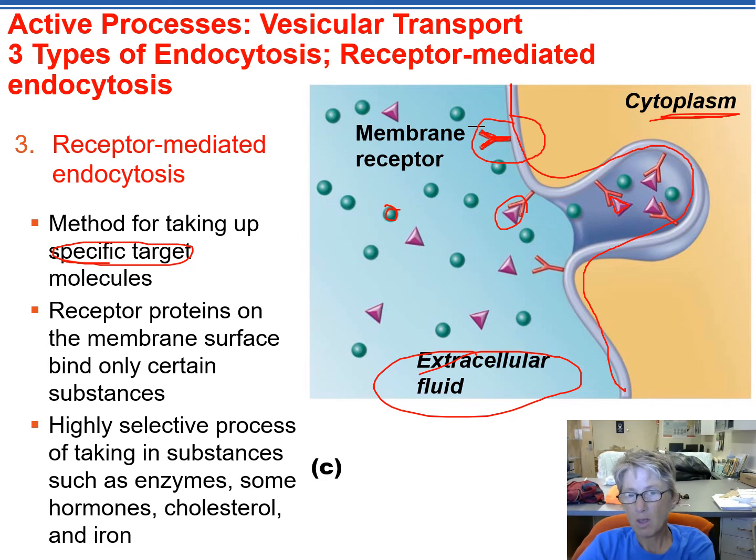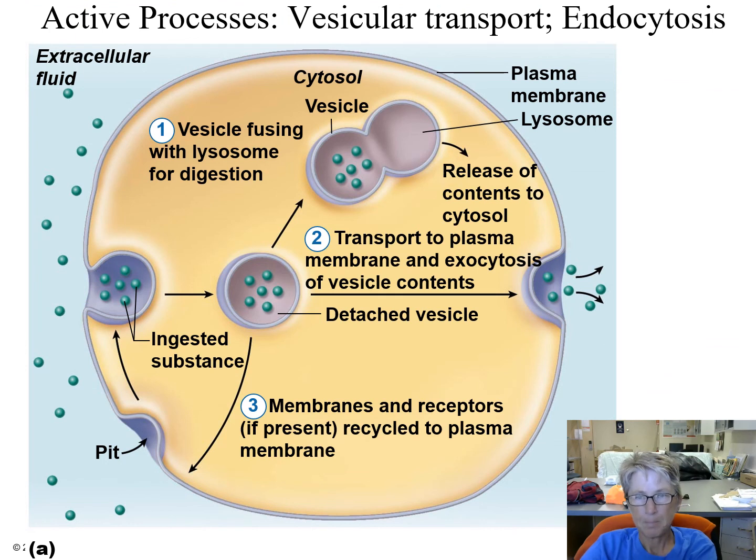So you only want to take in molecules that fit the Y. This cartoon is a little bit misleading because it looks like you're taking in these green balls too, but you're actually not. You're only going to take the things that fit the receptor inside the cell. And then this just gives you a cartoon of the whole process of endocytosis that we've been talking about.